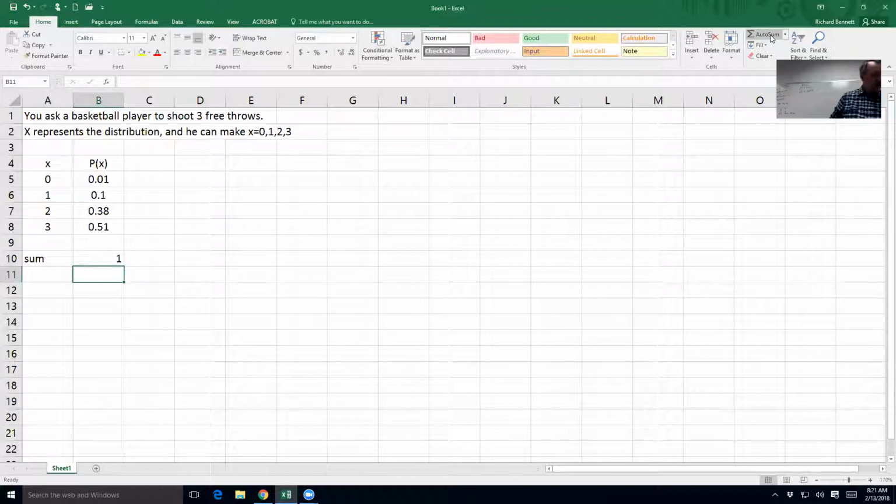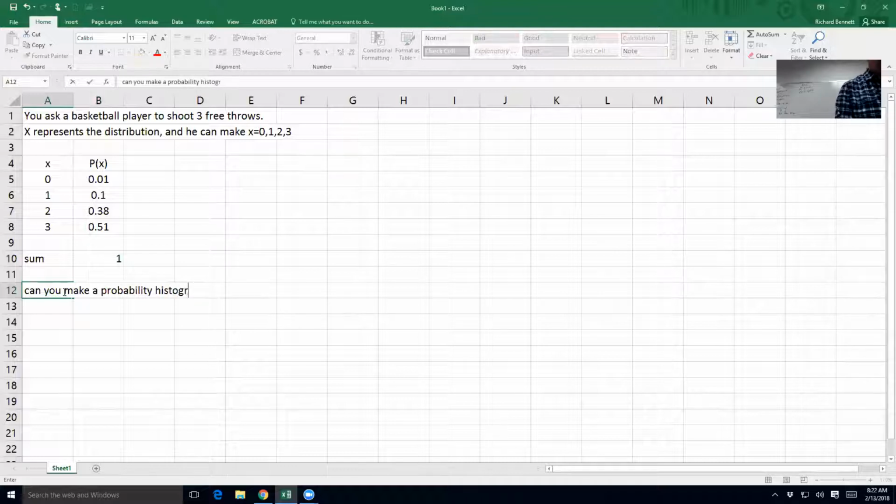All right, now let's see how good you guys are. Can you make a probability histogram? Oh, those are back. Just when you thought you could forget that, right?